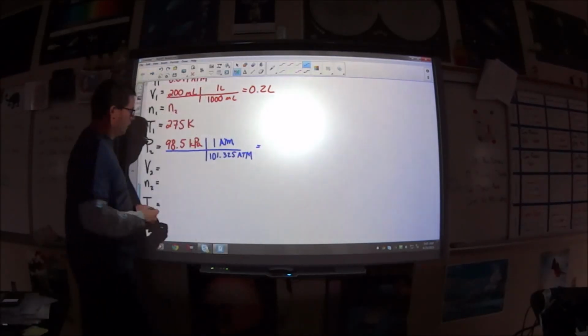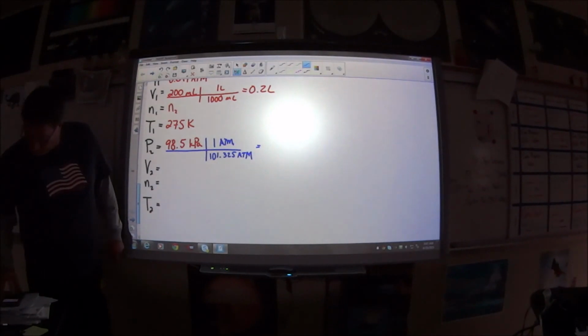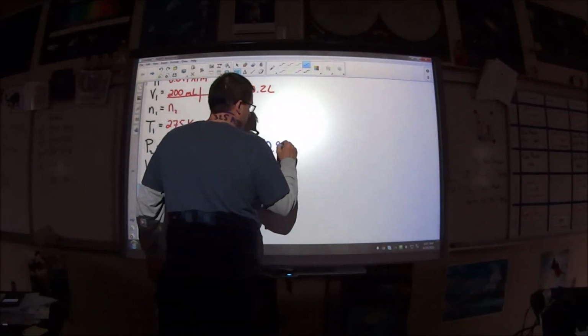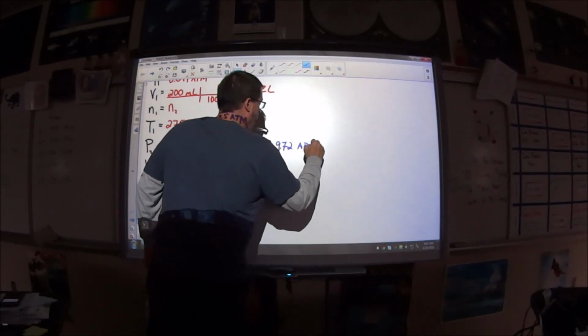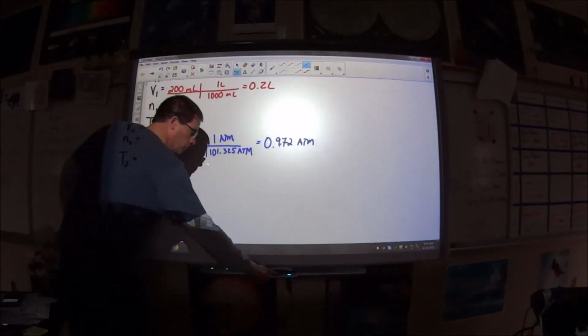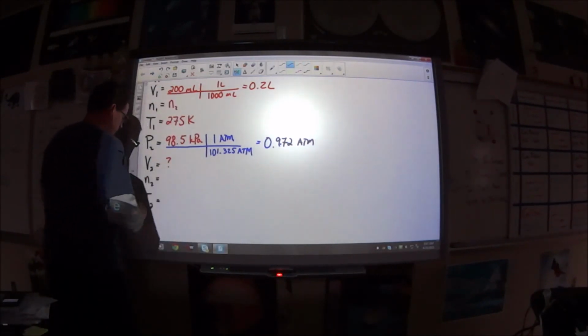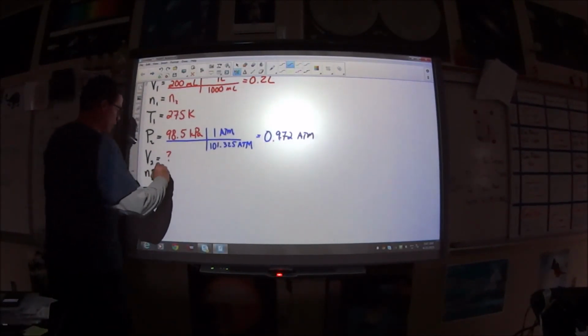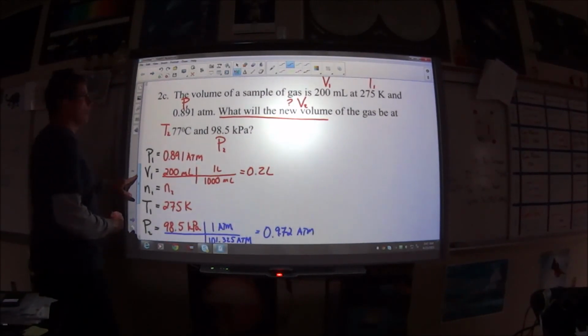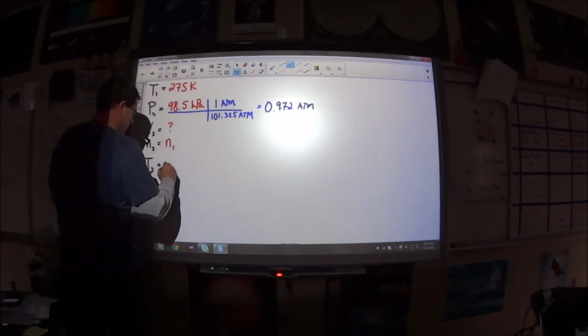And let me get that real quick. So that's around 0.972 atmospheres. Okay. My V2 is what I'm looking for. My N2 is equal to my N1, and my T2 is 77 degrees.